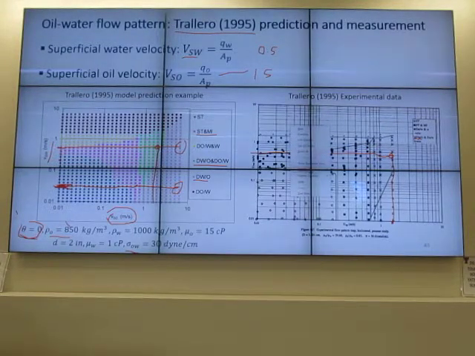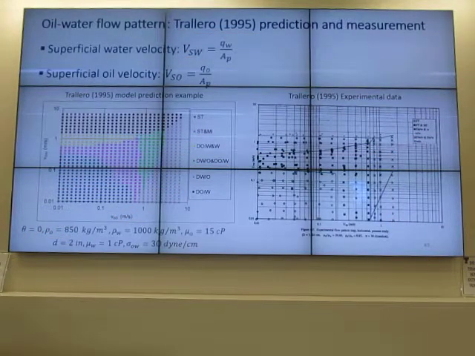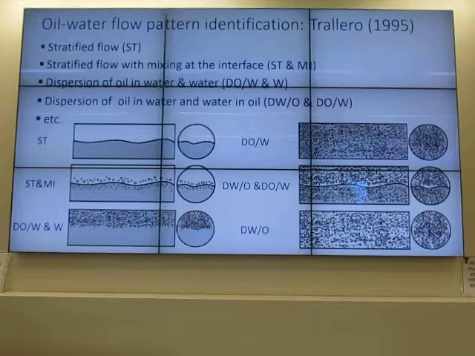Alright, so what happens when we add more water? If we add more water, we start from stratified. When everything is slow, we have stratified flow. Make sense? When we add more water, we change from stratified to stratified with mixing at the interface.